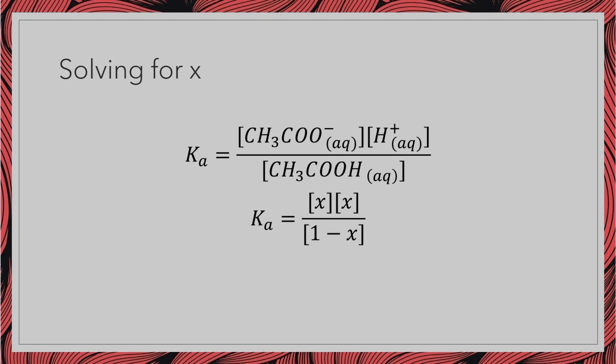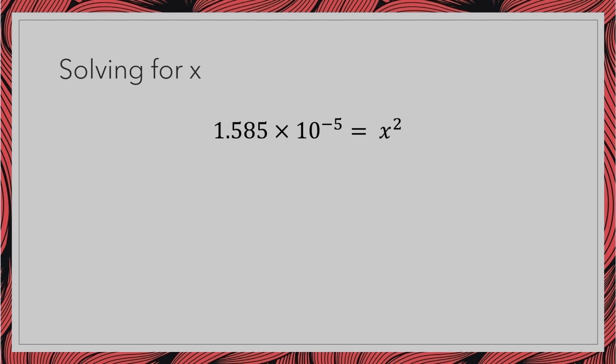The acetate and H+ concentrations will be X, and our acetic acid concentration will be 1 minus X. But we can apply the assumption that if X is much less than Y, Y minus X is approximately equal to Y. So here 1 minus X is approximately equal to 1, because X is going to be so small that it's not really going to make much difference. So we basically have Ka equals X squared.